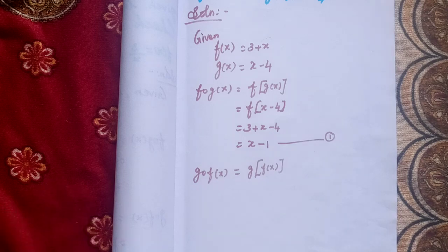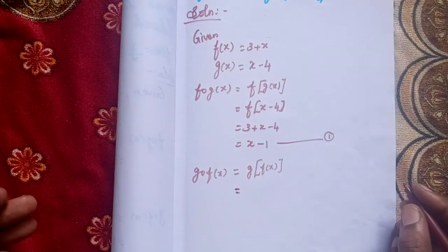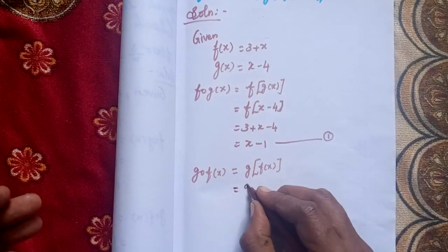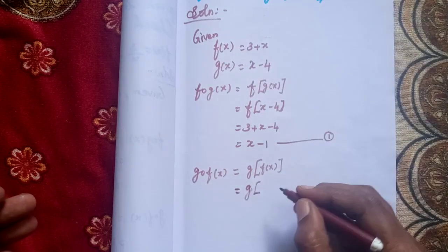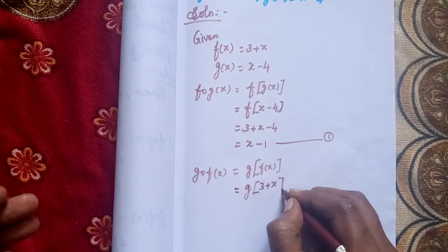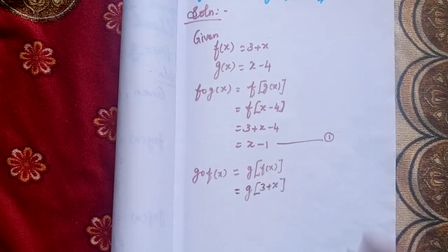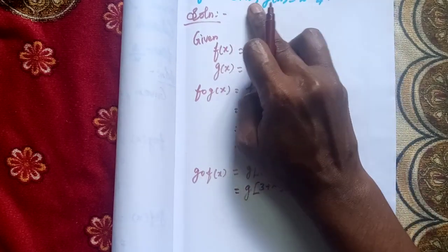First we have to write g of f of x, with f of x replaced by 3 plus x.